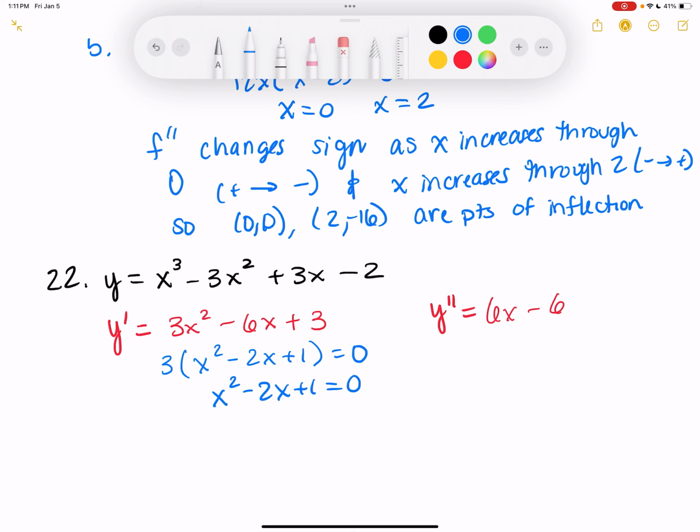It's a perfect square trinomial: x minus 1, x minus 1, so x minus 1 squared. So that means x is equal to 1.